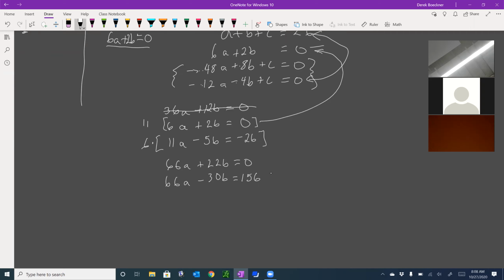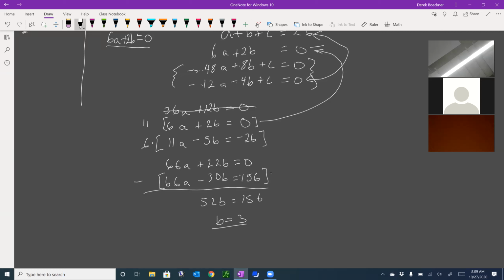Yep, 156. And then we'll take this thing away. It should be a minus there, right? And I get 0 there. I will get 52b equals 156, which tells me b equals 3. That's more promising than we had yesterday with the fractions over 11, right?